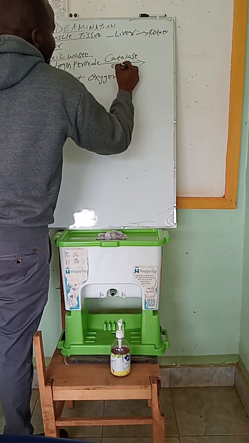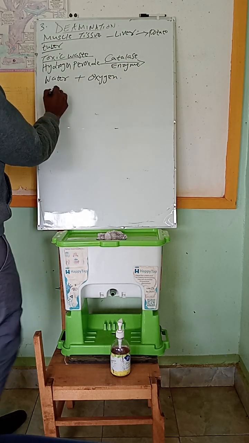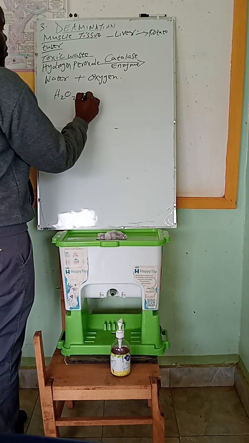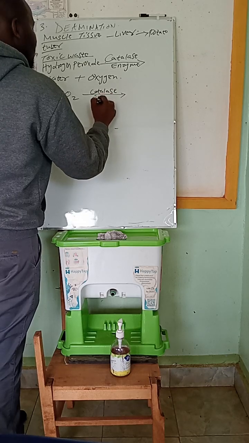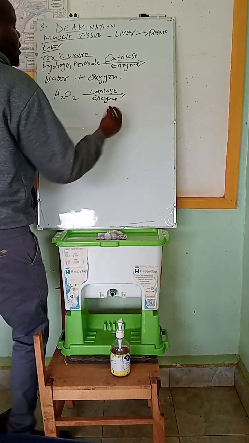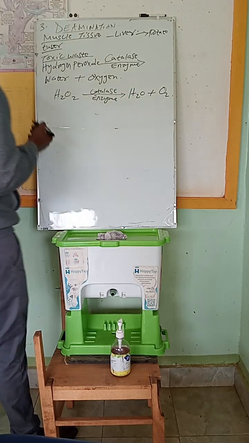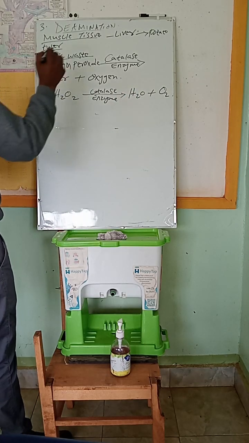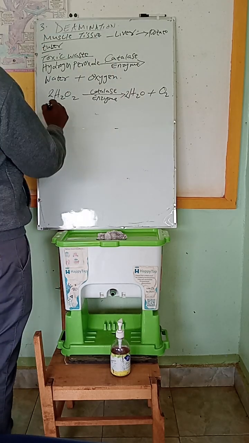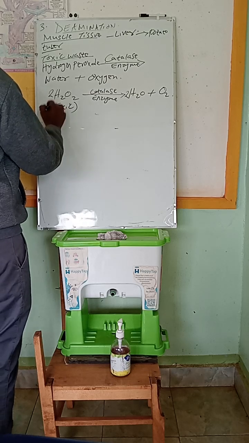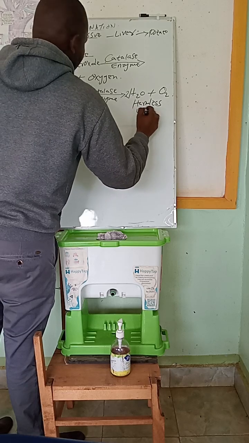Catalase enzyme. So when you break this one, your chemical equation will be H2O2, in the presence of catalase enzyme, you get water plus oxygen. We can balance our equation, which will be 2, then 2. I think it's balanced. So this one is a toxic waste, and we break it to harmless waste.